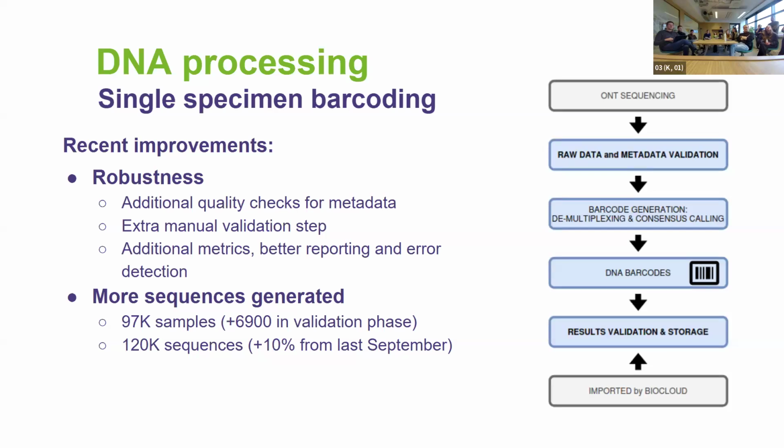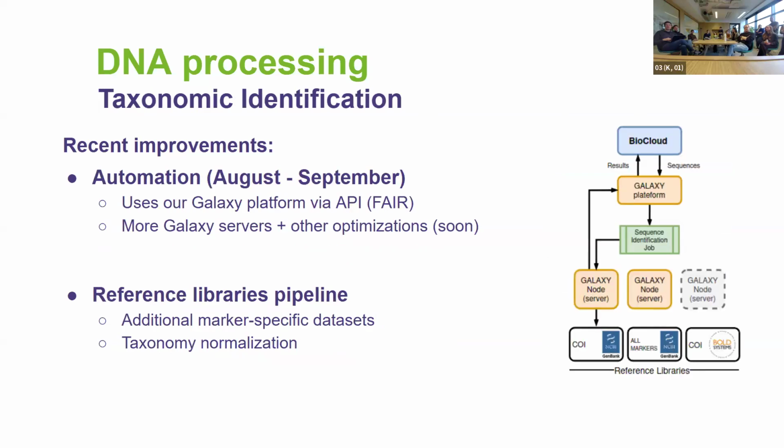Of course, we made new barcodes, so we'll lag a little bit behind the sequencing because some of them are still in validation, and we have 10% more sequences than two months ago. We have a bit more than BioCloud, of course, because some of them are still waiting to be validated and not yet released to BioCloud.